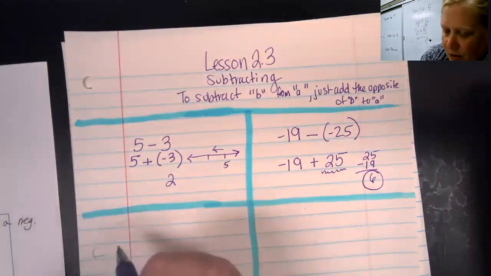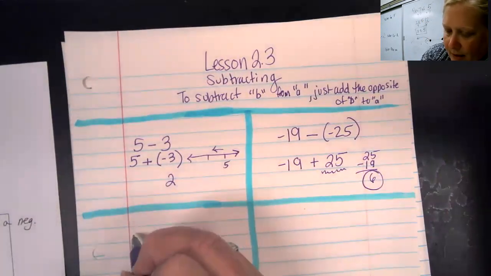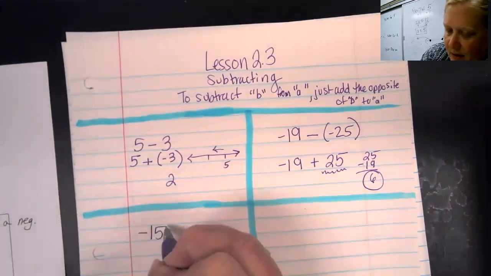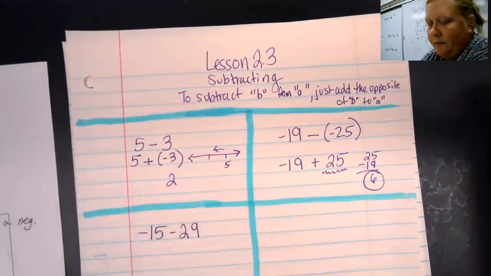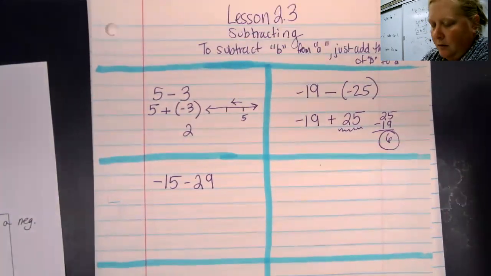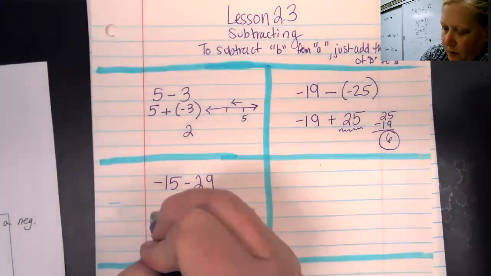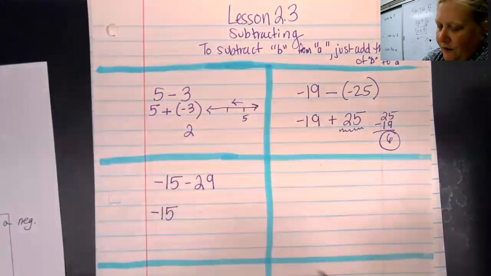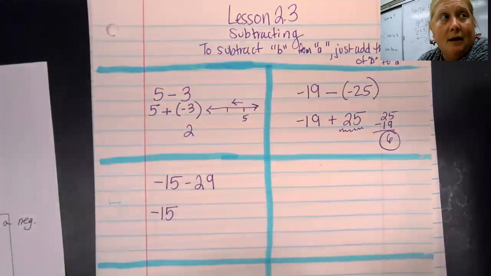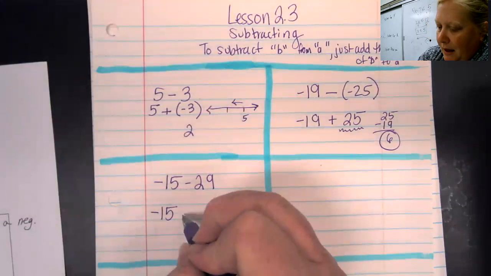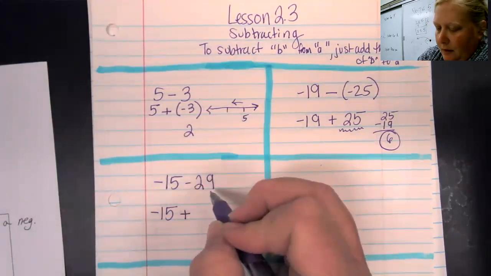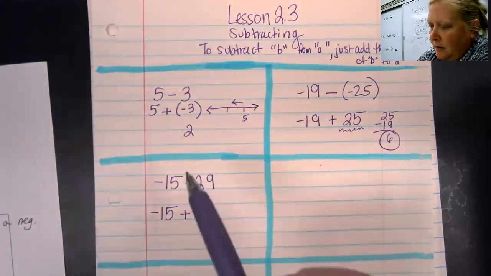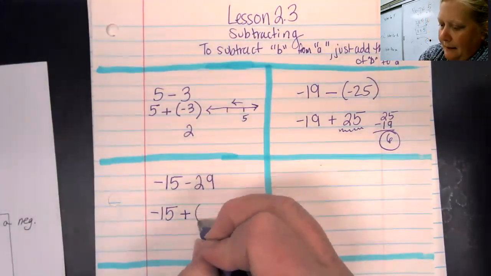All right, now it's your turn. Let's try this: negative 15 minus 29. Okay, so in this case, what do we want to do here? Negative 15. So what would be the sign here? You're right. It would be adding the opposite.